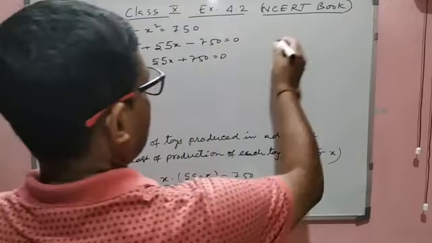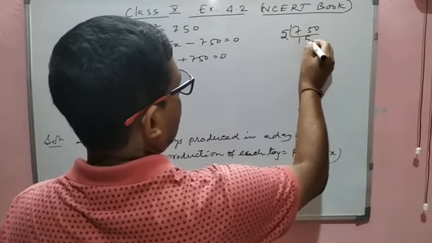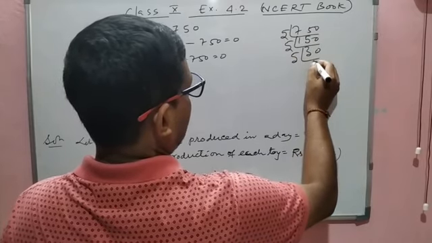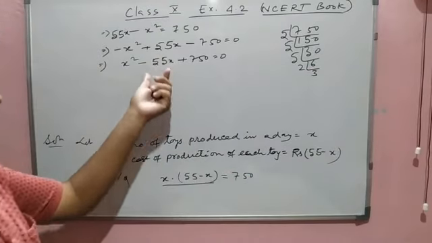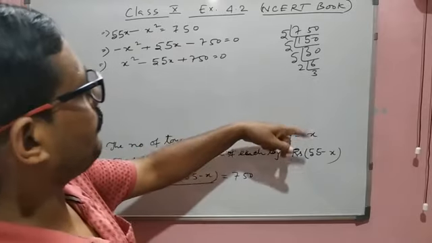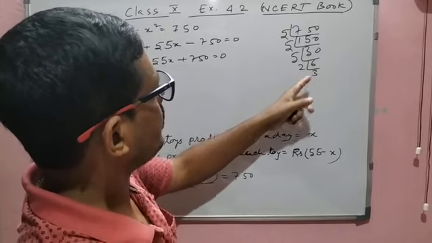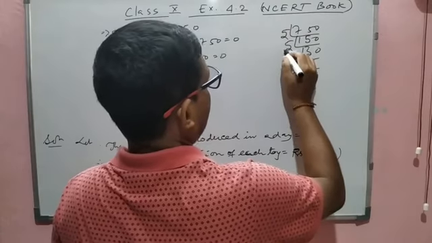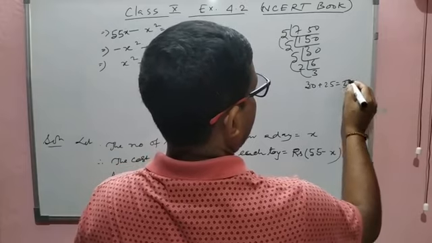Now let us do the middle term factorization. 750 can be divided by 5, again by 5, again by 5, again by 2. Now we need 55. So you see here, 5 times 6 is 30, and 5 times 5 is 25. So 30 plus 25 is 55.